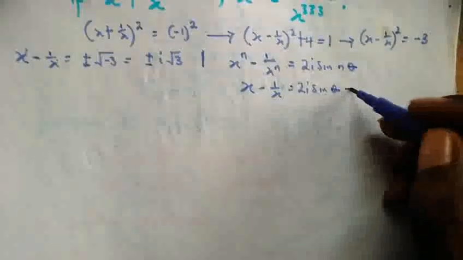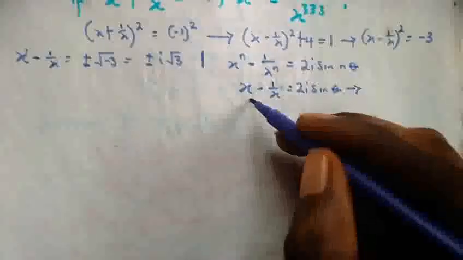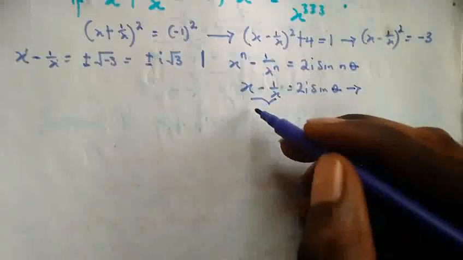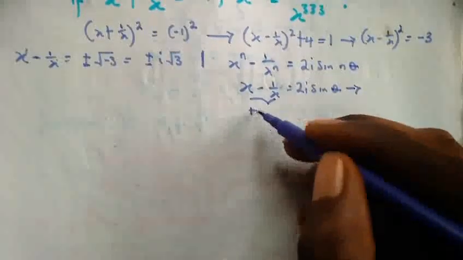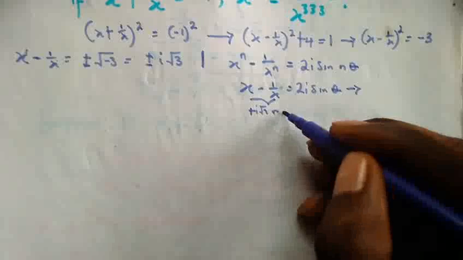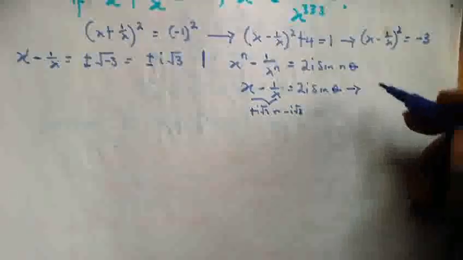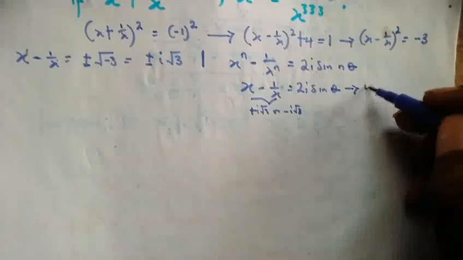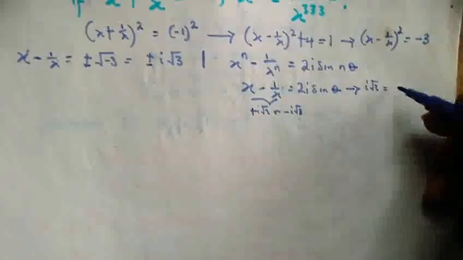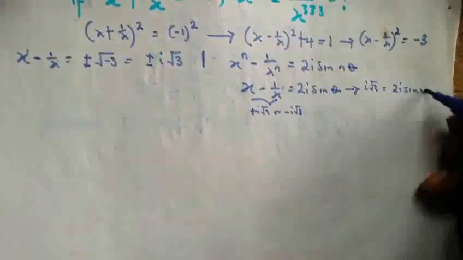From here we replace x minus 1 over x with either positive i root 3 or negative i root 3. Taking the positive i root 3, we have i root 3 is equal to 2i sine of theta.